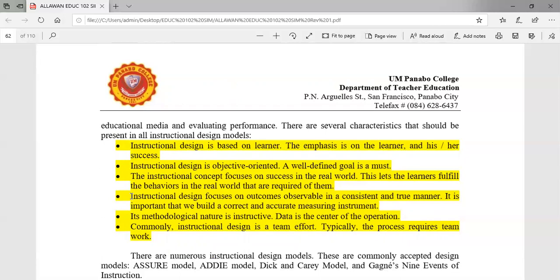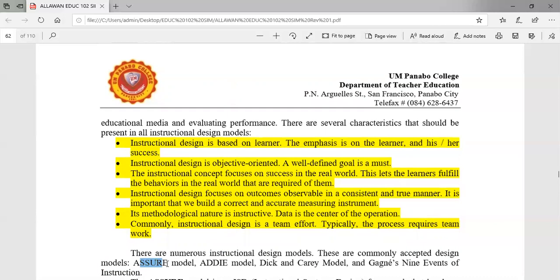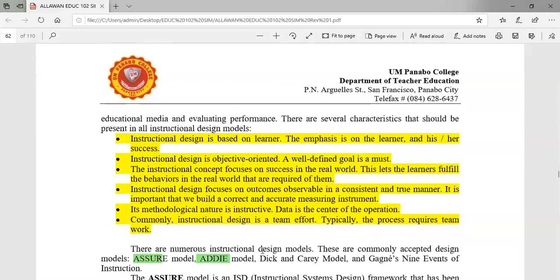So we have here the commonly accepted design models. Number 1 is the ASSURE model. Number 2 is the ADDIE model. We'll know what these models stand for, bakit siya tinawag na ASSURE and then ADDIE. Also we have the Dick and Carey model, that is the third one.